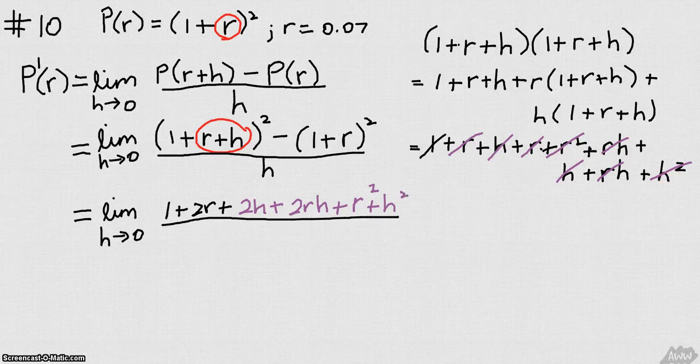Now remember, this is only this first piece. We still have to calculate or expand the second parenthesis, which will become 1 plus 2r plus r squared, but we're going to multiply it by that negative, so 1 minus 2r minus r squared.